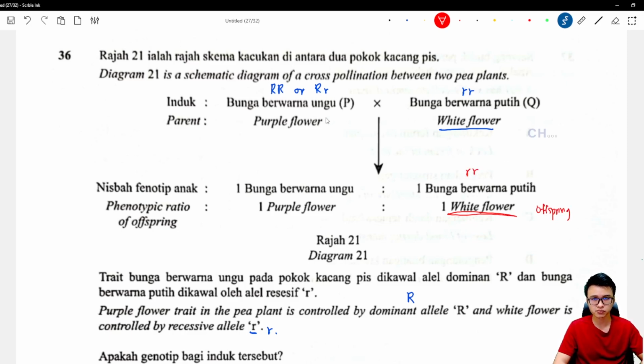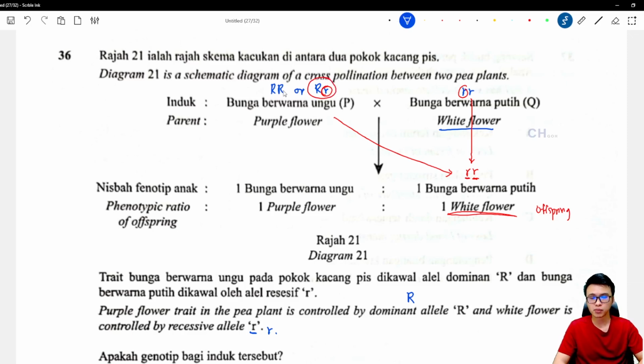So you can see, in order to get 2 small r, one must come from this parent, correct or not? Another one must come from this parent, the white flower one. So you must get one small r from the left side and one small r from the right side. So the genotype for the purple plant must be this one.